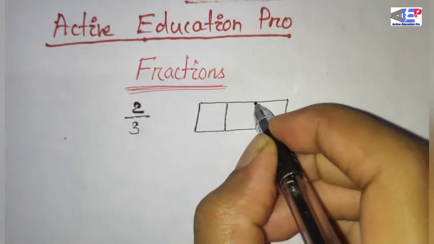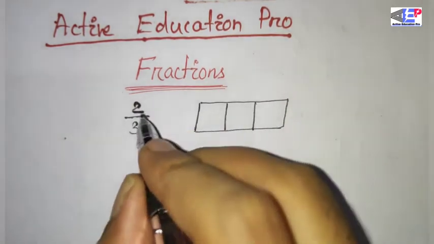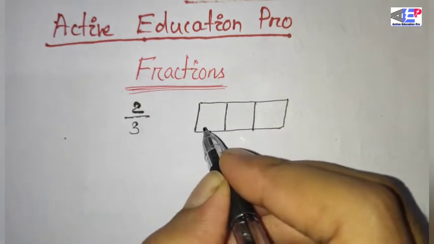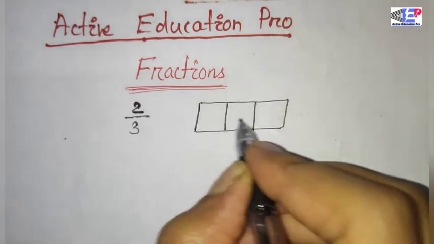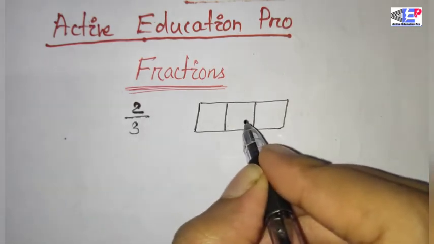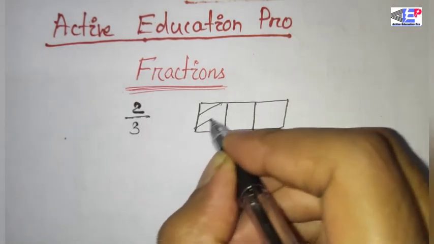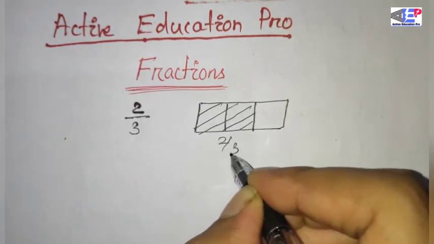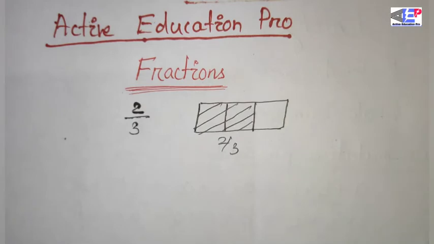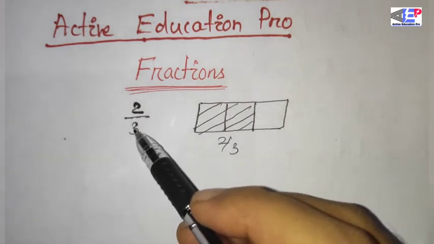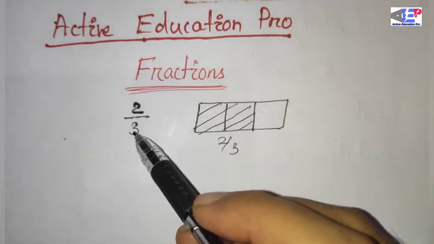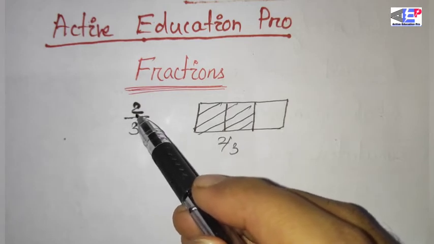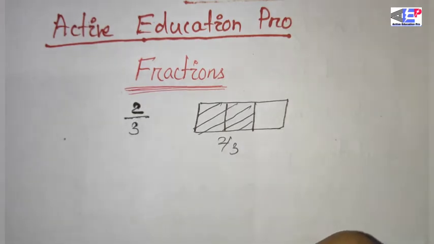Here 1, 2, 3 equal segments, and the numerator is 2, so you have to shade 2 parts of these 3 parts. This shaded part is 2 by 3. It means out of 3 equal segments, you shade 2. This is 2 by 3.